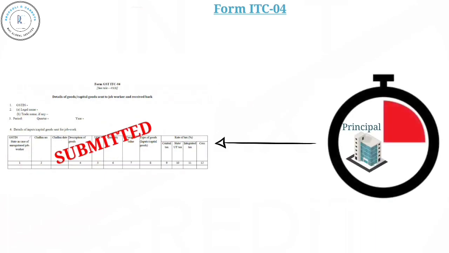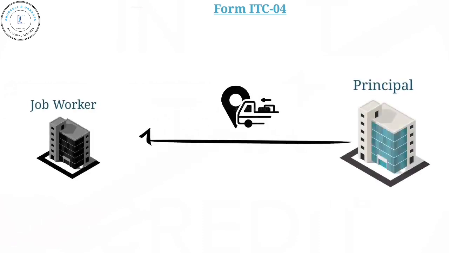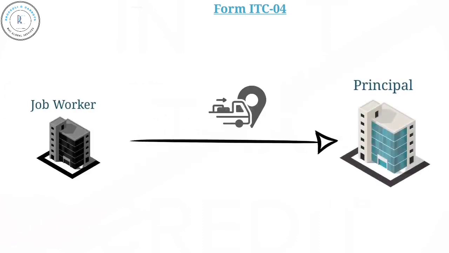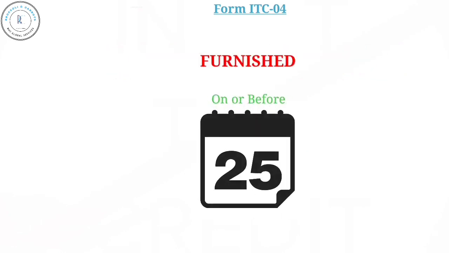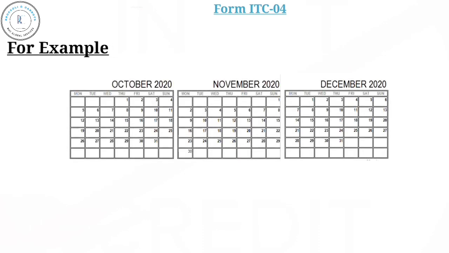It must include the details of challans in respect of the following: goods dispatched to a job worker, or received from a job worker, or sent from one job worker to another. It must be furnished on or before the 25th day of the month succeeding the quarter. For example, for the October to December quarter, the due date is 25th January.